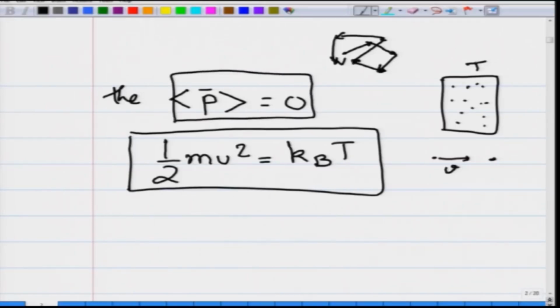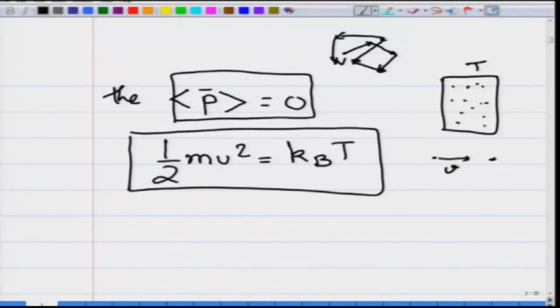The average total momentum of the system is 0 because the gas is not going anywhere, the gas remains where it is. So, this is the basic idea of kinetic theory of gases.